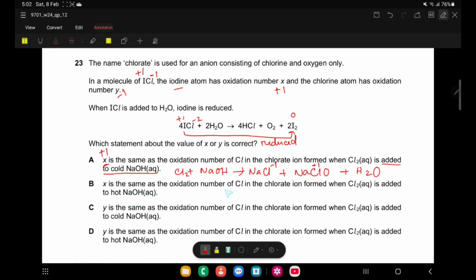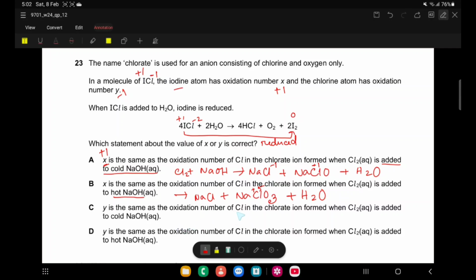X is the same as the oxidation number of chlorine in the chlorate ion formed when Cl2 is added to hot sodium hydroxide. When it reacts with hot, the products are sodium chloride plus sodium chlorate(V) and water. I'm not balancing these chemical equations, I'm just looking for the oxidation number. Here the oxidation number of chlorine is +5, so definitely this is not our answer.